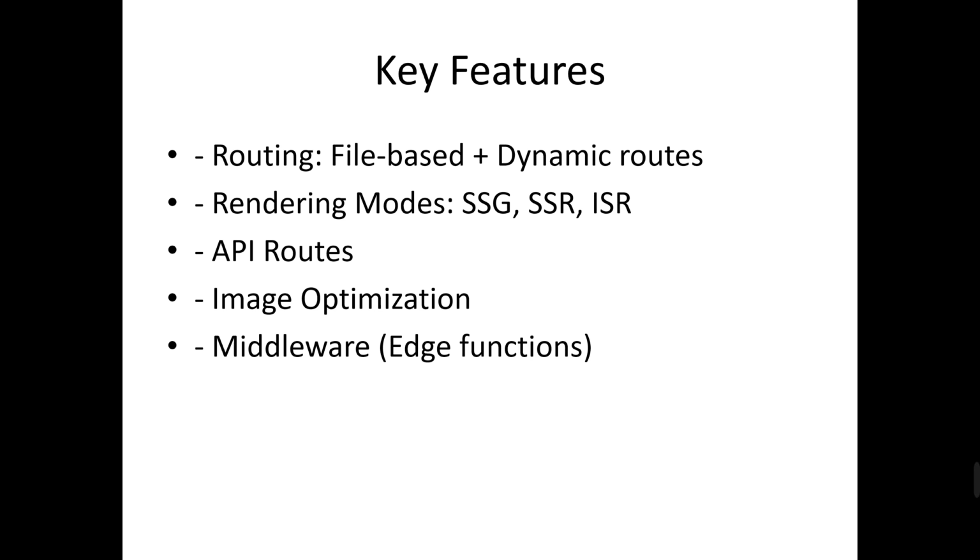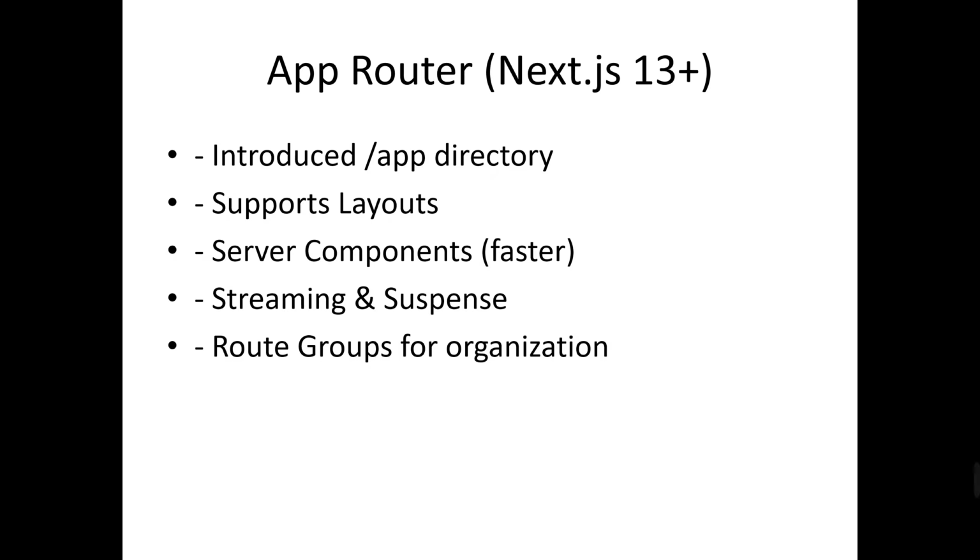So don't worry about these things. Then rendering modes, which are SSG, SSR, and ISR, which I already explained. API routes: you can also write code for APIs inside the same repository. Image optimization and middleware. So these are some of the features Next.js provides.